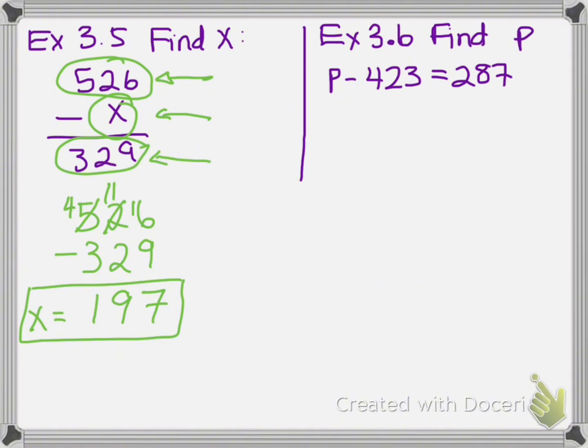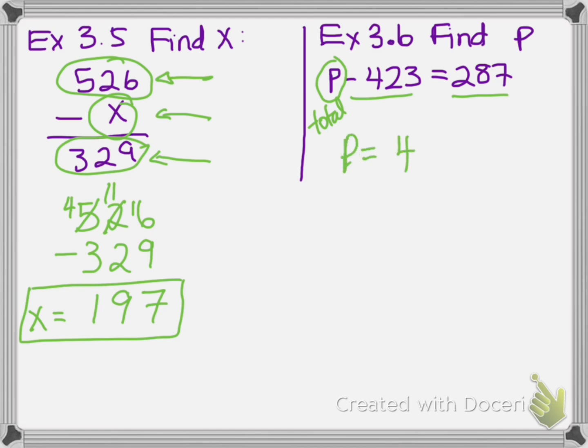It is very important for you to think about if you are given the total or if you're given one of the parts, because then you can easily think if we have to add or subtract. Let's look at this one. We have to find P. What is P? P is my total, right? That's the biggest number. And so these two parts together give me P. So if they together give me P, what I have to do is add.